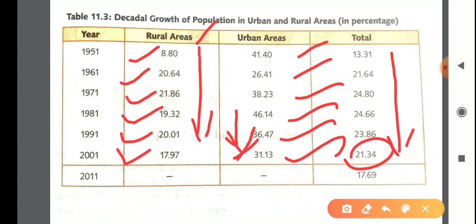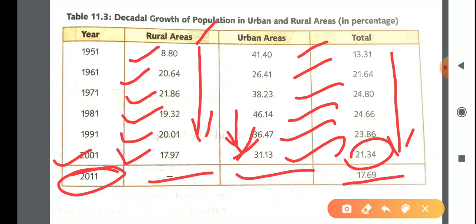In 2001, actually, the data of 2011 is not yet calculated. Now we have data of 2001 also. And at present the total growth rate of both the rural and urban areas is 17.69%.